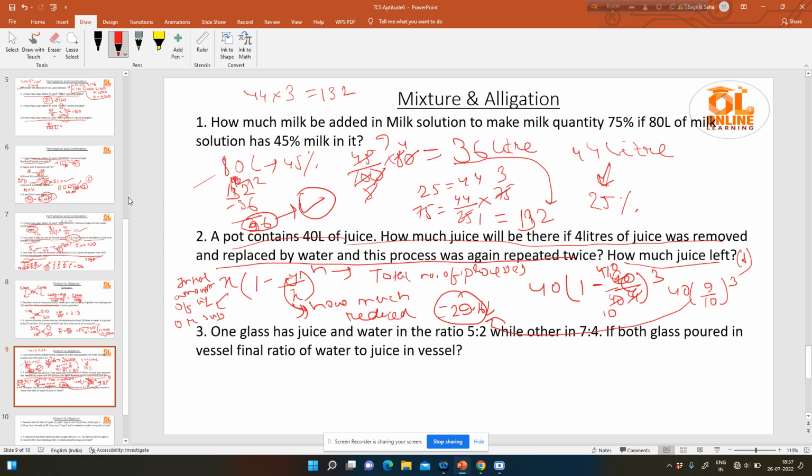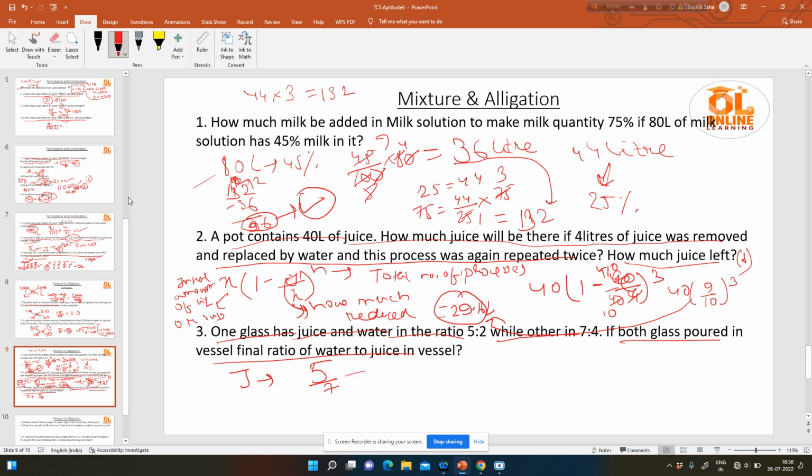Okay, now one glass has juice and water in the ratio 5 is to 2, while the other is 7 is to 4. If both glasses are poured into a vessel, find the final ratio of water to juice in the vessel. So let us find the ratio of juice. In the first glass the ratio of juice is 5 by 7.